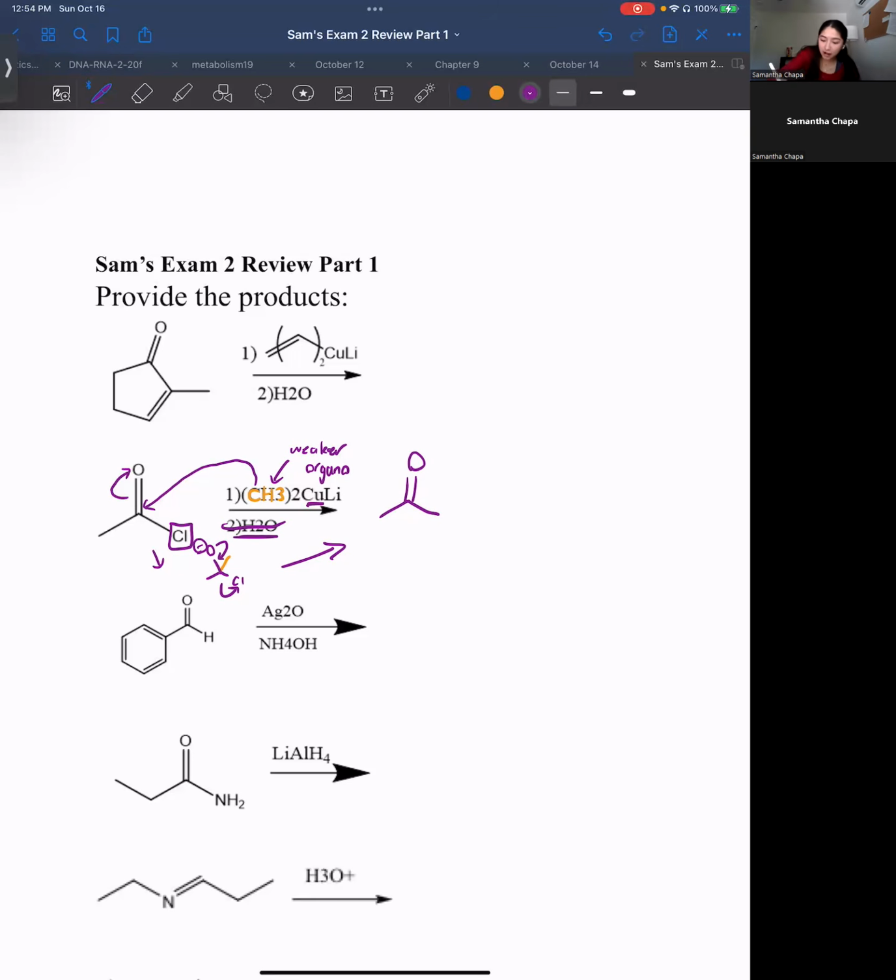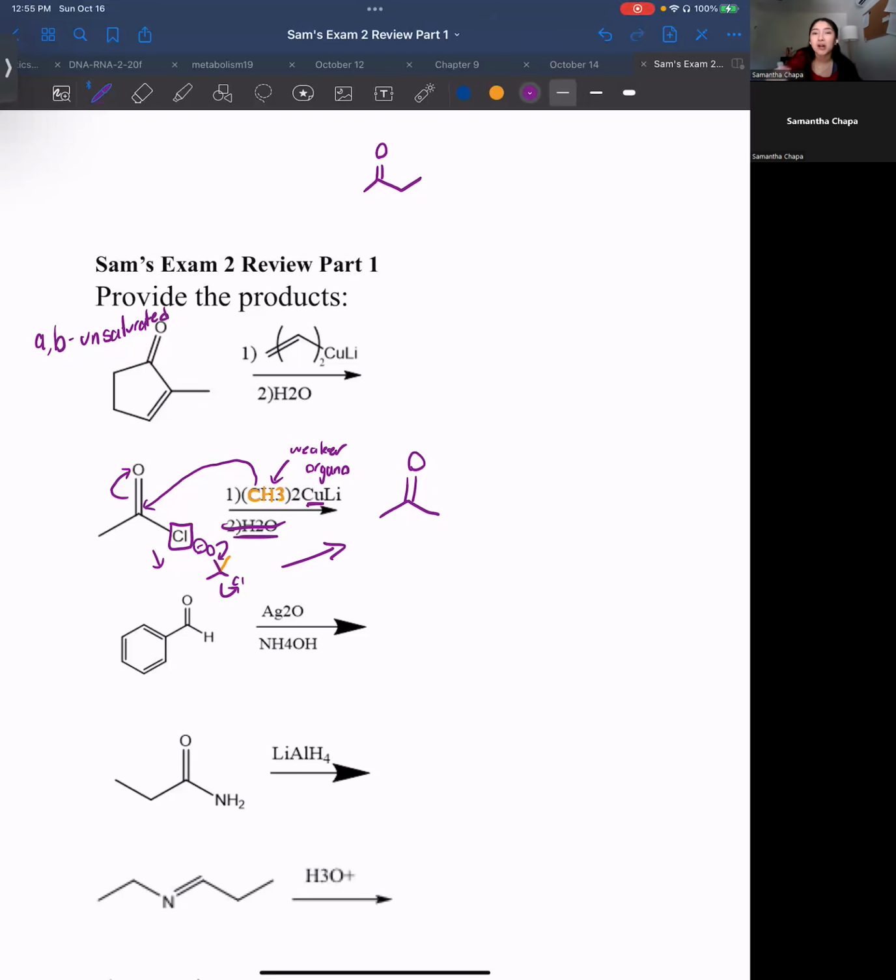When you have an alpha beta unsaturated compound like you do on the left, it's going to be like 1,4 addition. You're going to add to the fourth part. So let me teach you what an alpha beta unsaturated is. Let me give you an example. So it's a ketone, right?